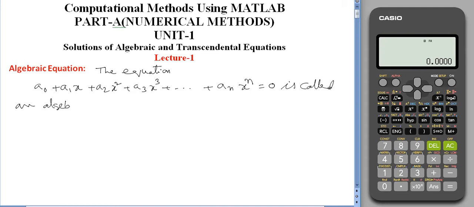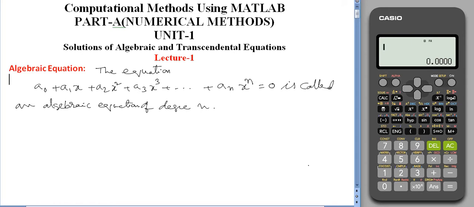So, an algebraic equation is an expression that contains a constant term and an x term, x square term, x cube term and so on up to x power n. This is an algebraic equation of degree n.